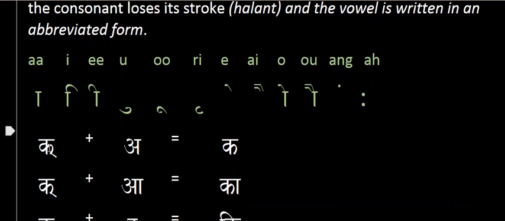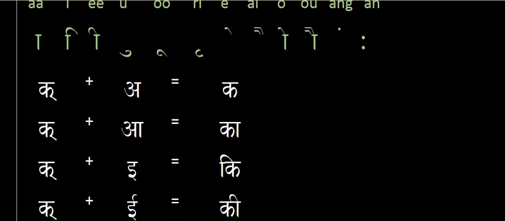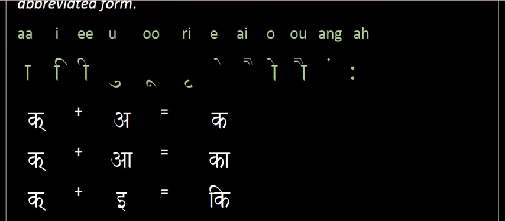Remember that k is not ka without the vowel. So it does not have an abbreviated vowel sign. When k and a are combined together, you're just getting ka without the halant. Now with the others, although the halant is removed, you have to add these vowel signs.